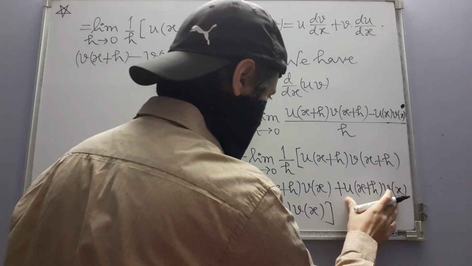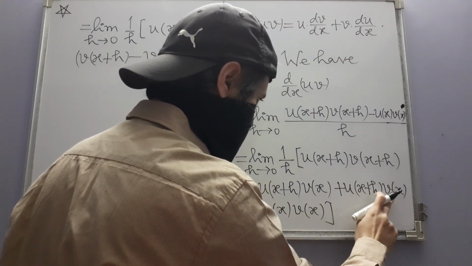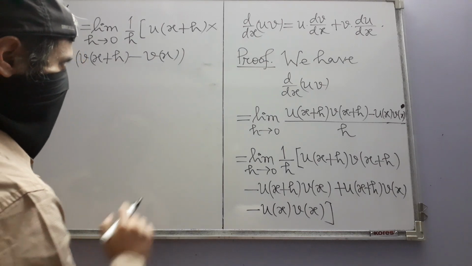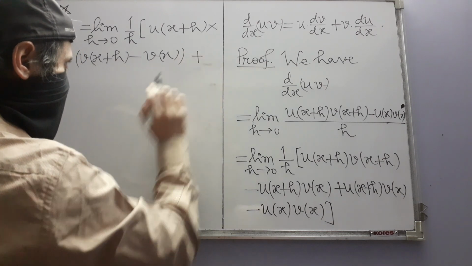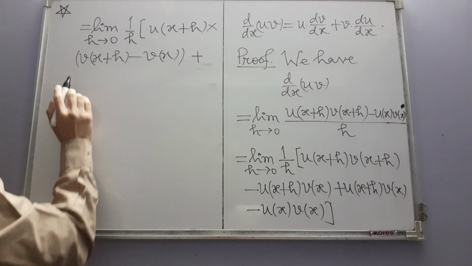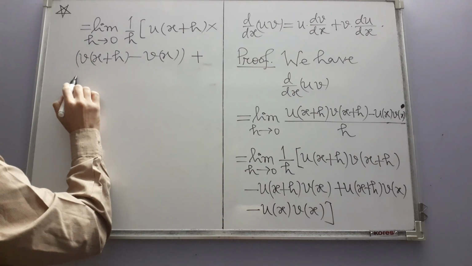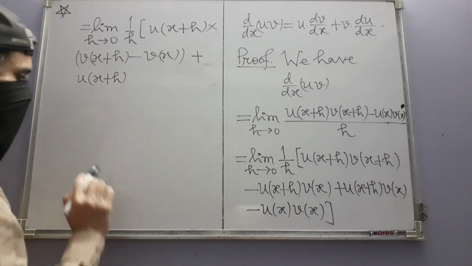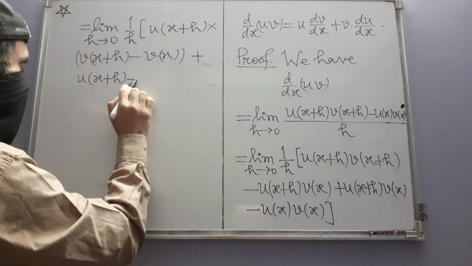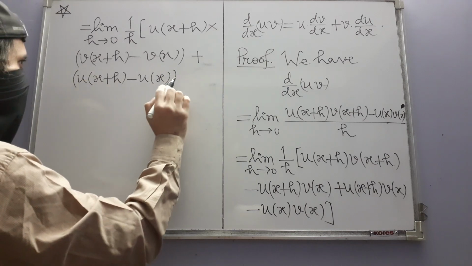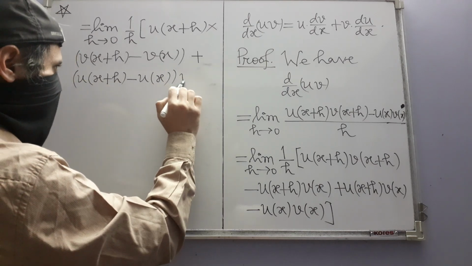Whereas the last two terms have the common factor v of x. So for that, we can take v of x outside and write those two terms like this. u of x plus h minus u of x times v of x.